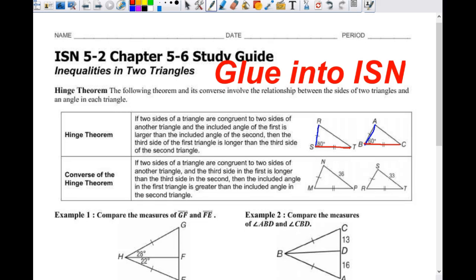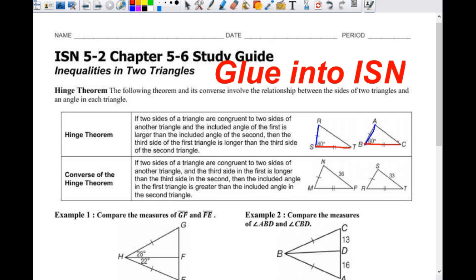So, we're looking at this last side here. The larger of these two sides should be across from the larger angle.